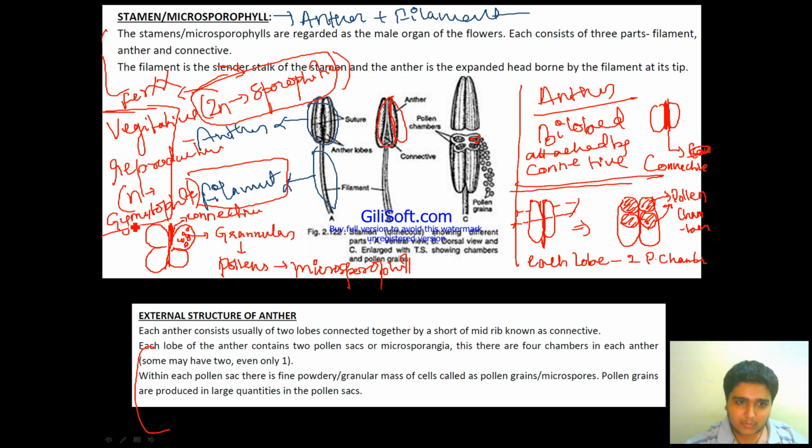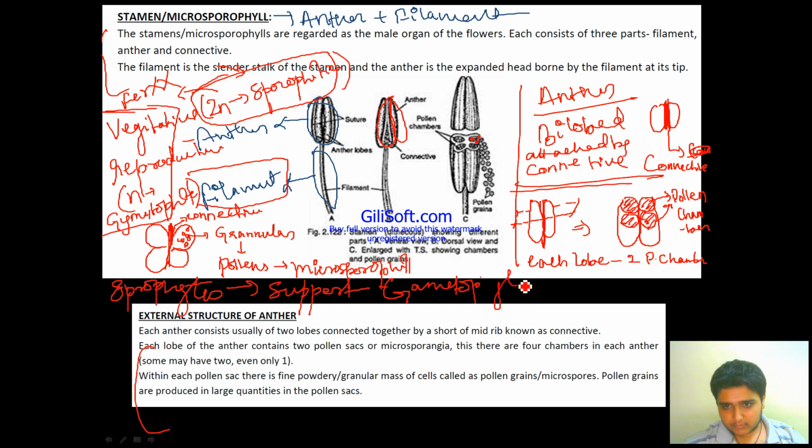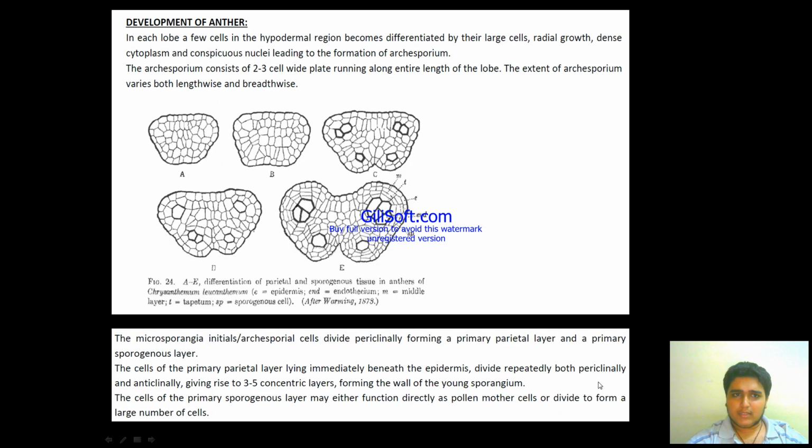We only want to always remember, sporophytes, they are supportive structures. They support gametophyte. Remember? Okay. So that is what is again explained in these points. You can study that. You have the notes with you anyway.